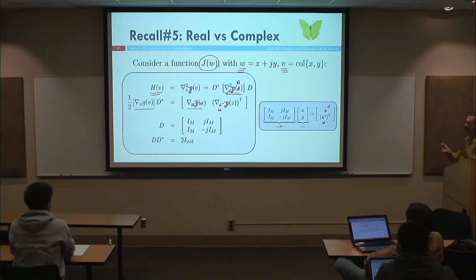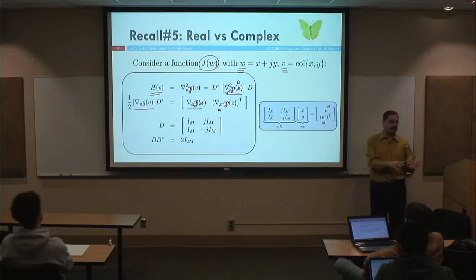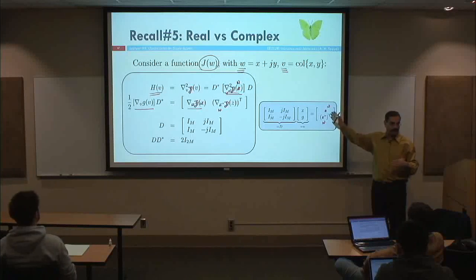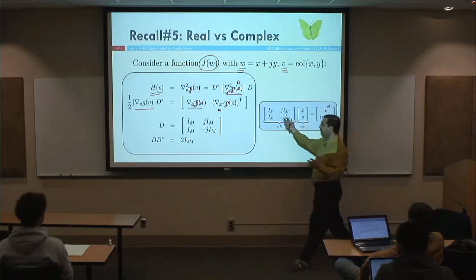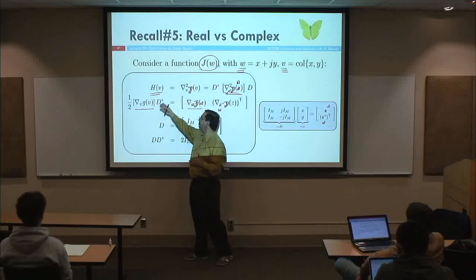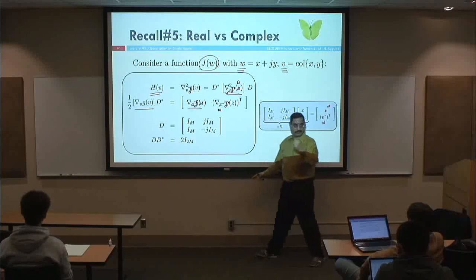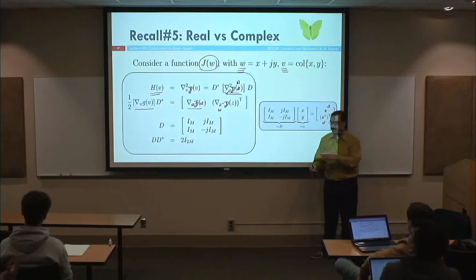So this slide summarizes the expressions we derived before. You can do all your analysis, all your thinking in the real domain using the V variables, and then you transform them to go from the Hessian in the V domain or from the gradient vector in the V domain. Just apply the D transformation. This is the D here, to go to the variables in the complex domain.